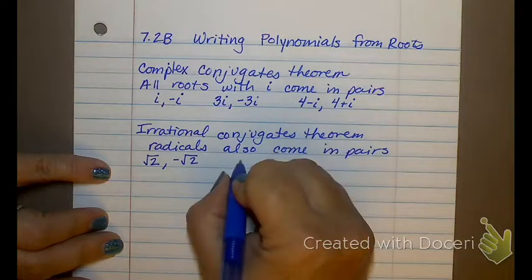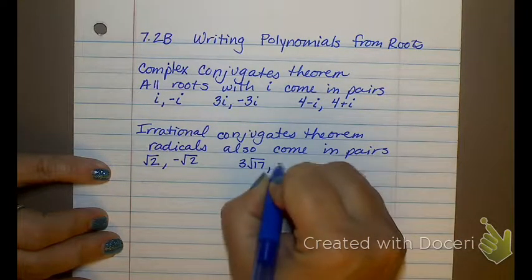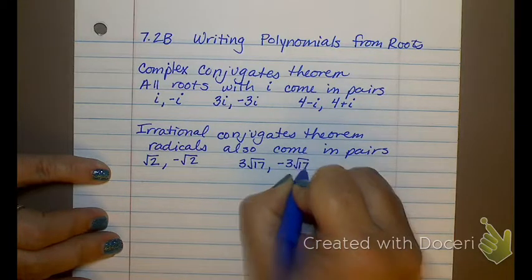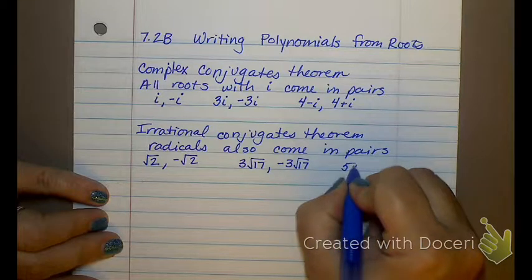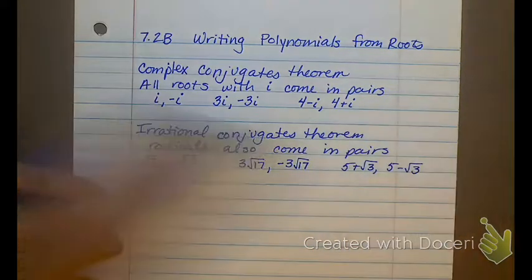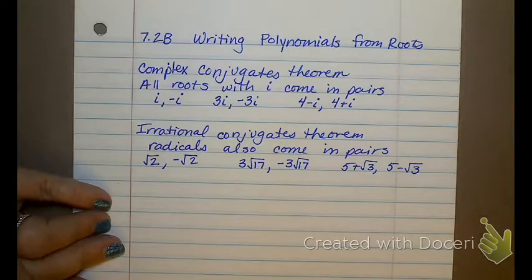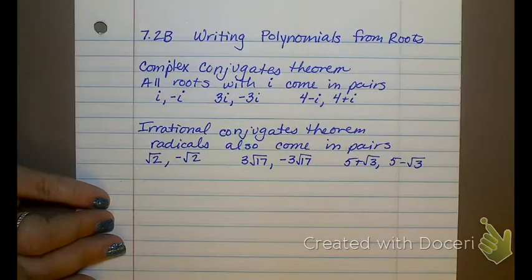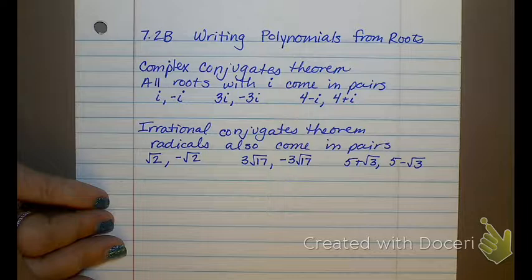If I have 3 rad 17 as a root, then negative 3 rad 17 is also a root. And if I have 5 plus rad 3, then 5 minus rad 3 is also a root. And again, that comes from all of the plus minus things whenever we have a square root. Okay?